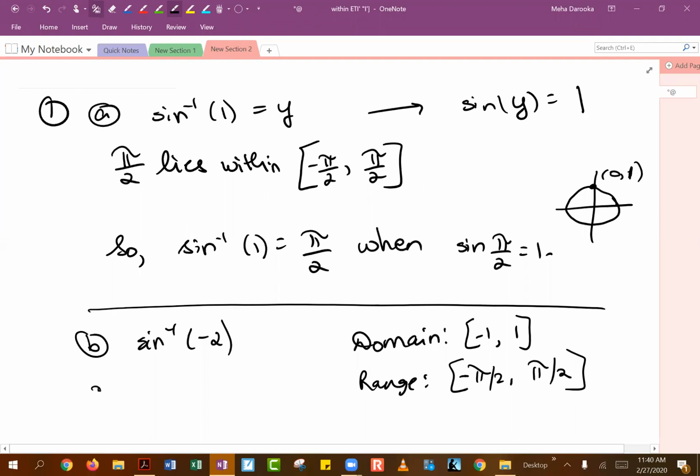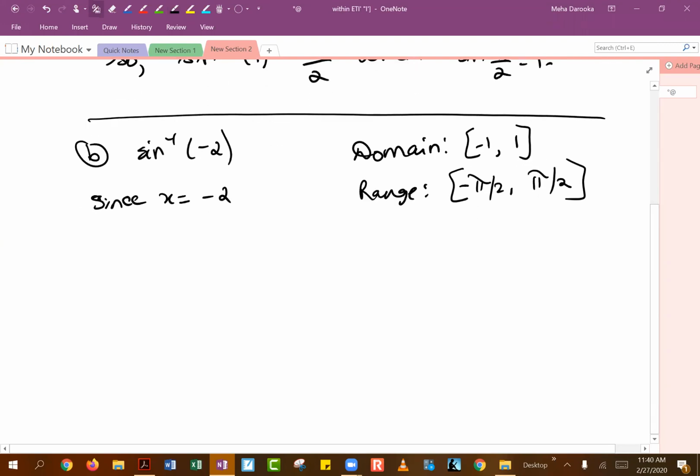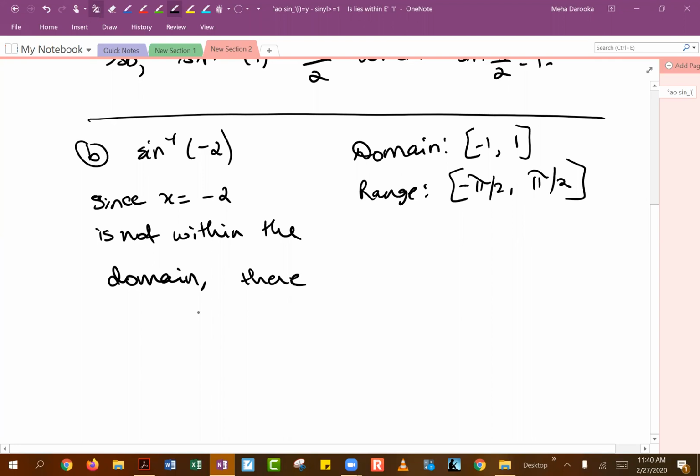So since x equals -2 is not within our domain, I guess there is no possible solution.